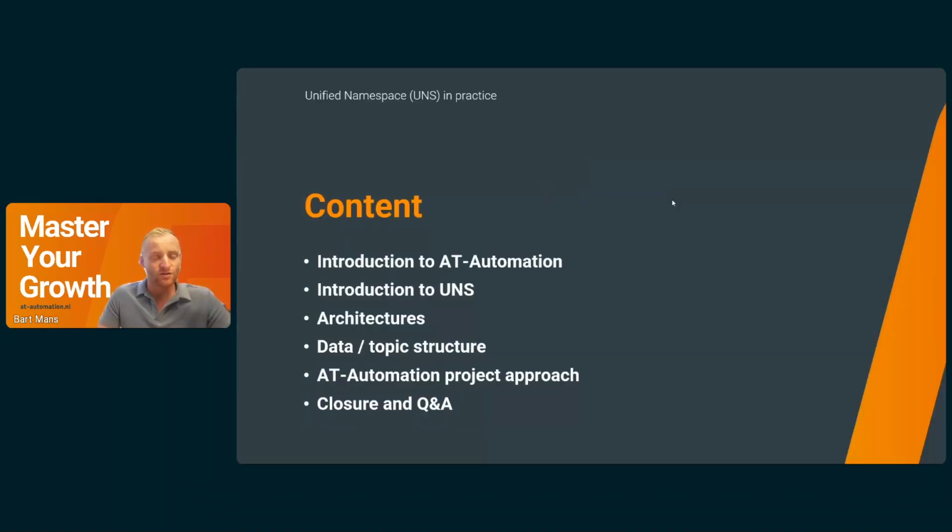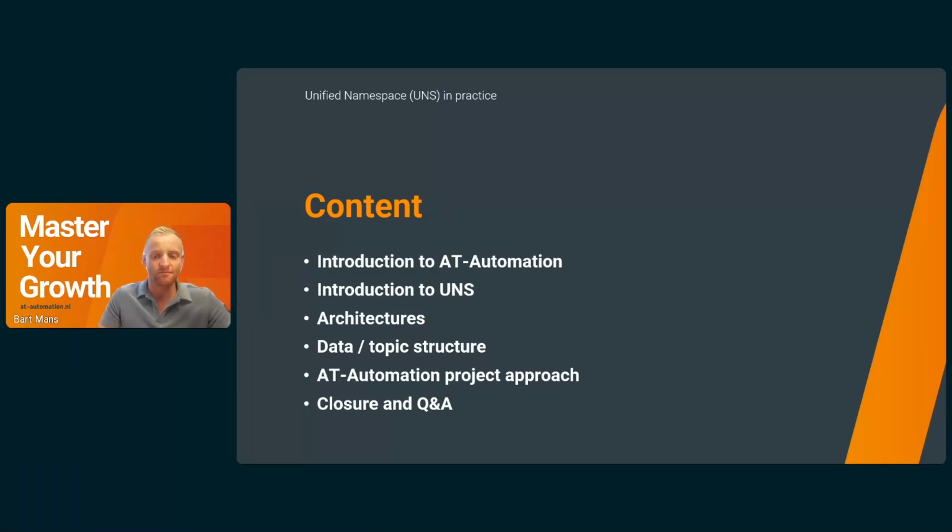Today's content: we're first going to introduce AT Automation. I'll keep it short, of course, because all of you are really interested in the Unified Namespace, UNS. Then I'll do a quick introduction to the UNS as well. Then we take a look at architectures that are practical. Of course, due to confidentiality, I'm not able to share customers' projects right here.